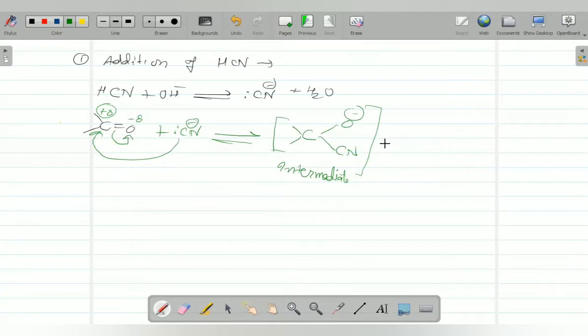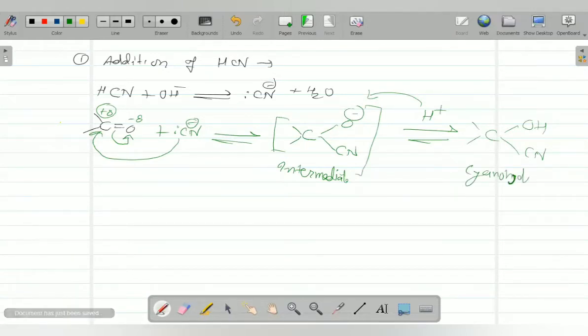After that, in the second stage, what happens? This accepts the proton, it captures the proton as we have seen in the mechanism and becomes stable. How? This becomes OH and this is CN. This is called cyanohydrin.